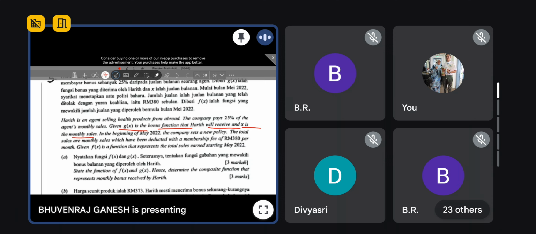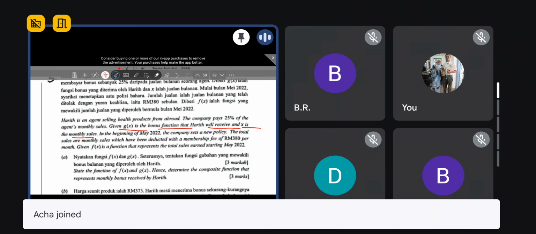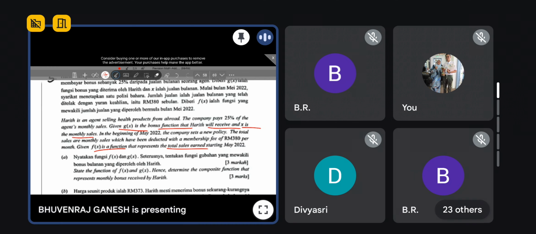You must take note of the words. Kena hati-hati dengan perkataan. And then fx is total sales. Jumlah jualan. So now guys, they ask you to state the functions fx and gx. So can you all tell me what will be fx if you understand the situation?